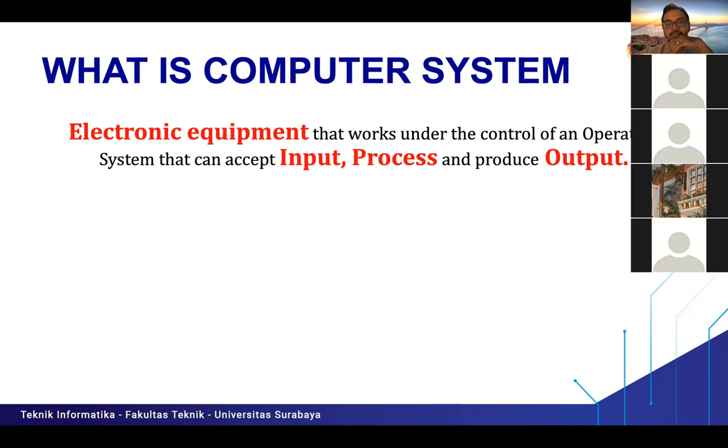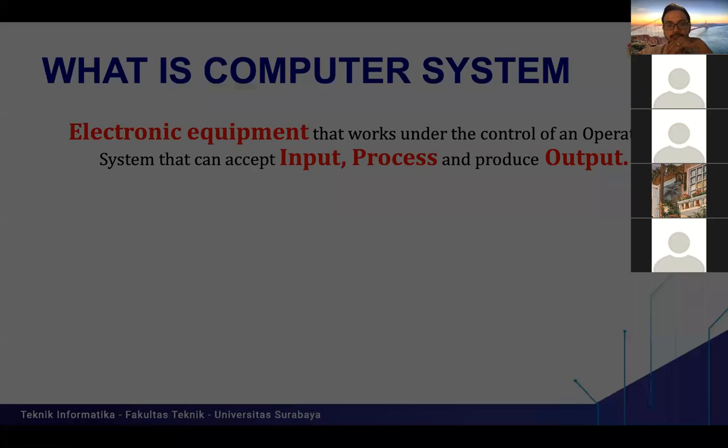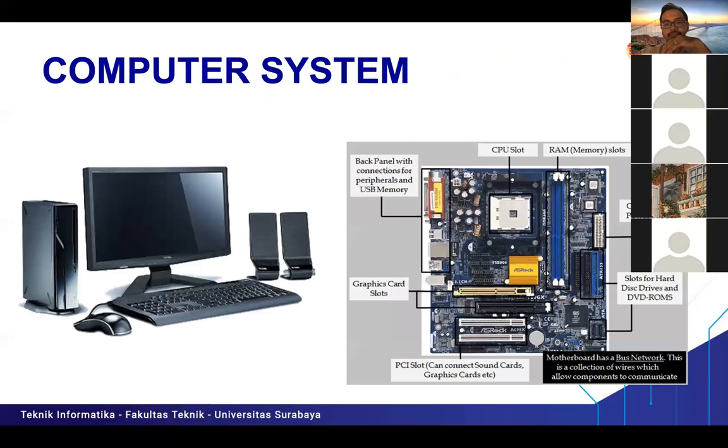So the computer system is the organization of some components inside your computer, like the processor, memory, hard drive, and also the graphic card. As you can see right here, there are a lot of components inside your computer.